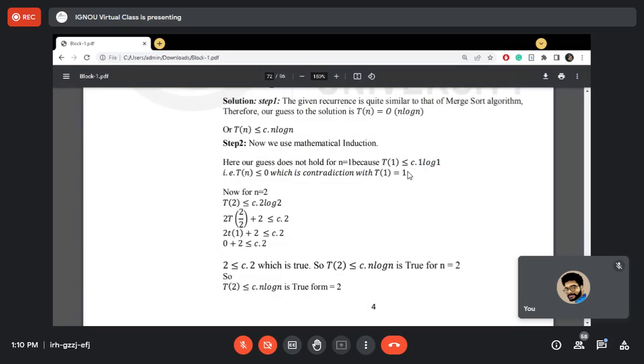Here they implement the similar thing. So that's why 2 multiplied by 0 is 0 here, plus 2, that is less than or equal to c times 2. Got it? Okay, ma'am.